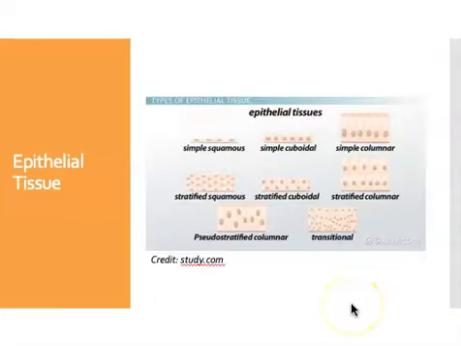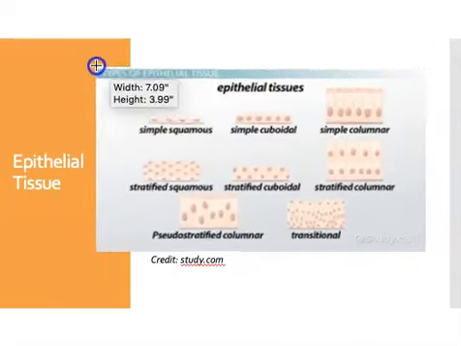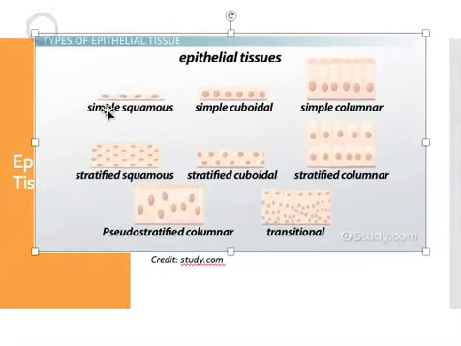So on this slide, you can see an artist's representation of the different types of epithelial tissues. Remember, when we classify epithelium, the first thing we do is determine whether it's simple or stratified. Then we determine what kind of shape the cells have.